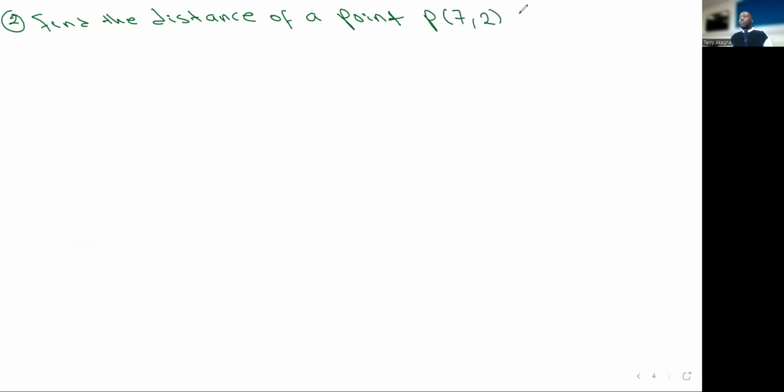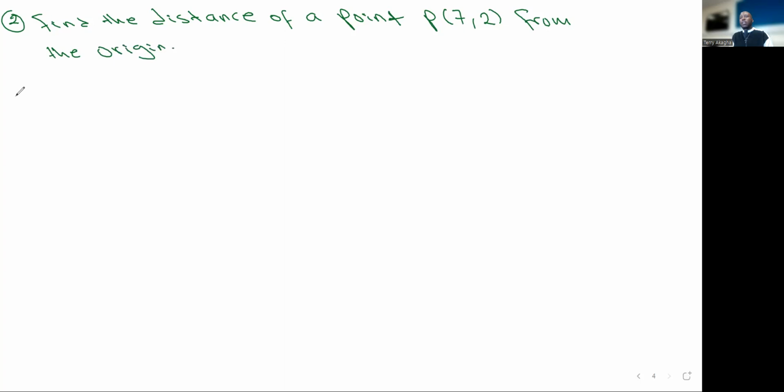Let's assume in this case now, we're told to find the distance of a point, let's say point P that has 7 and 2, from the origin.